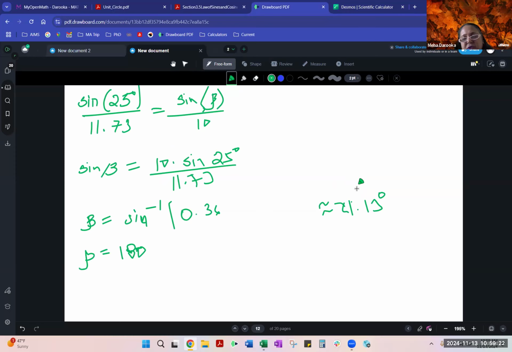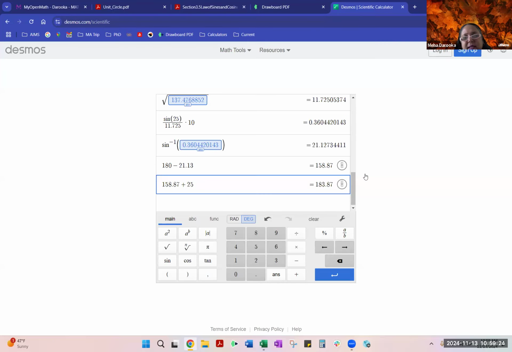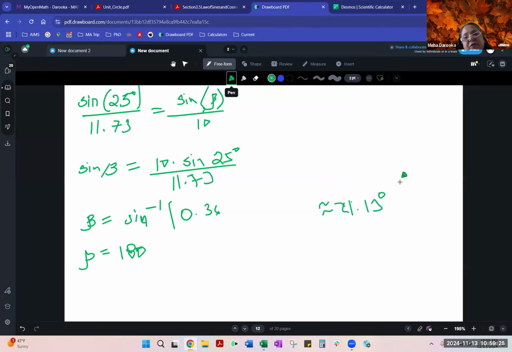Sorry, I will try writing that out later. It's just not letting me write properly. So you will only be considering that first angle measurement of 21.13. And then based on that, we would need to find our third missing angle and our third missing side, which would be the C and gamma.